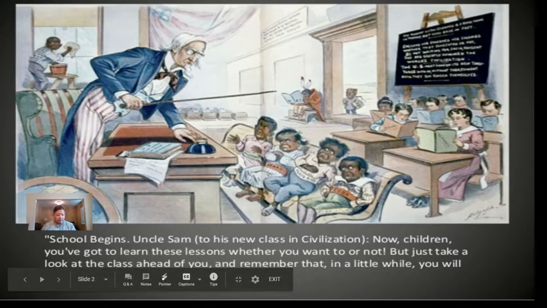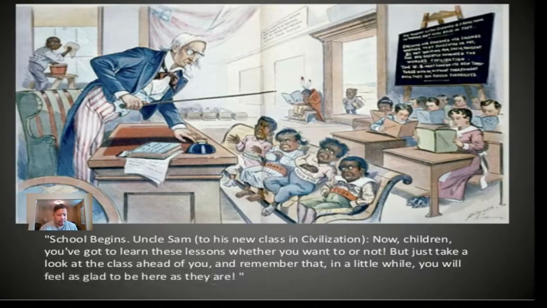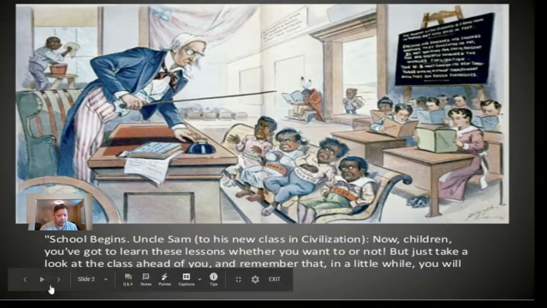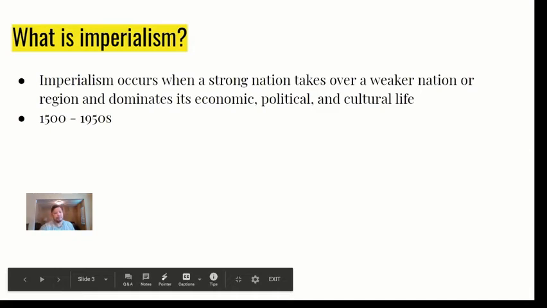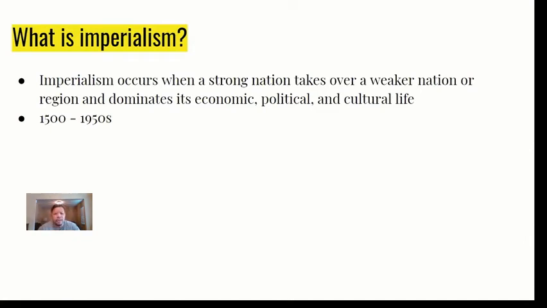So what is imperialism? Imperialism occurs when a strong nation like the United States takes over a weaker nation.